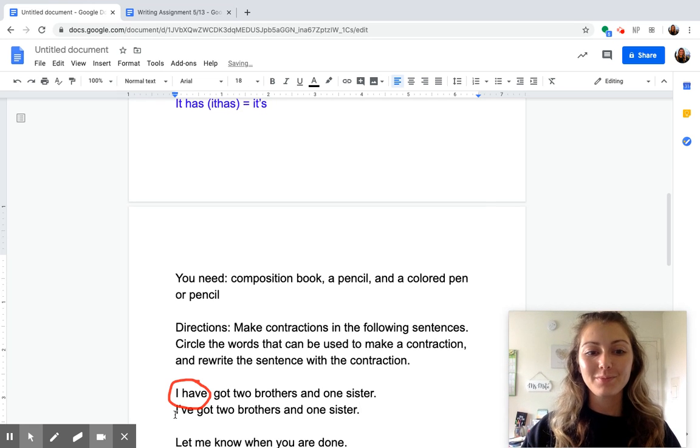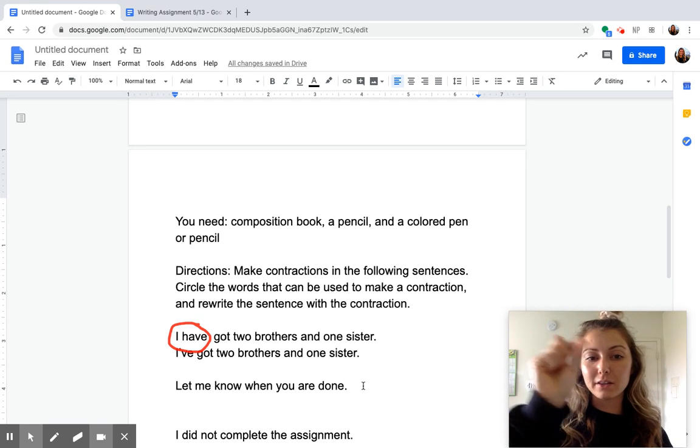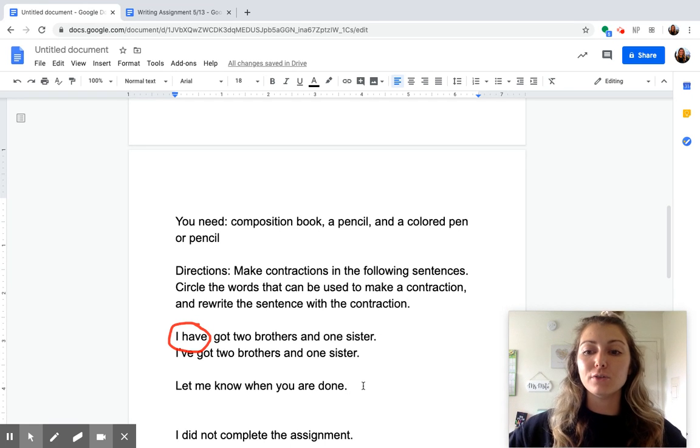Good. Let's take a look at our next example. And in your composition book, after you write this sentence down, try circling the 2 words that we're going to use to make a contraction. This sentence says, "Let me know when you are done."